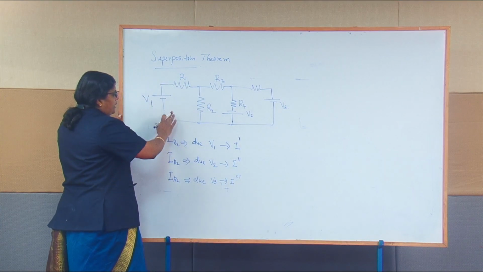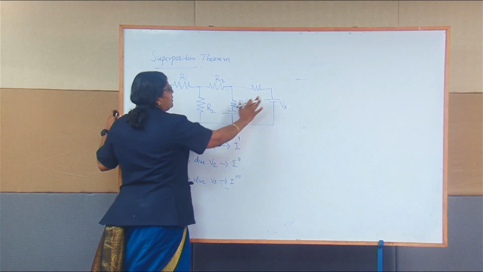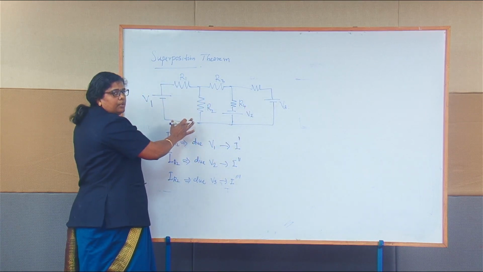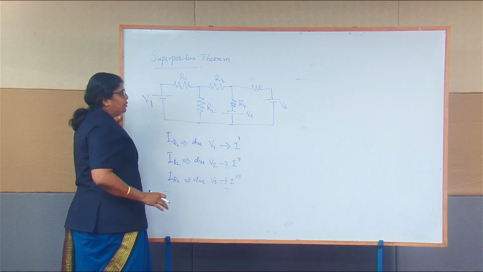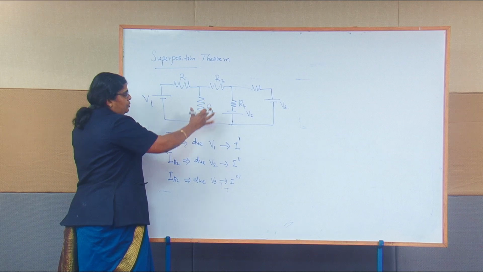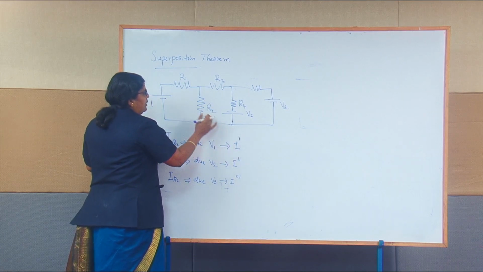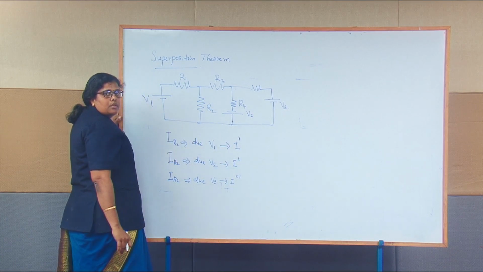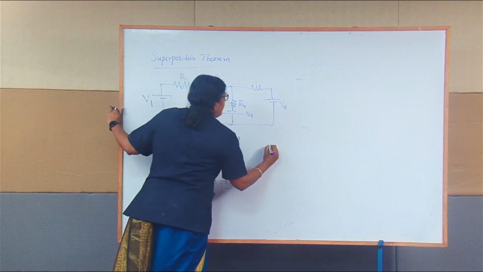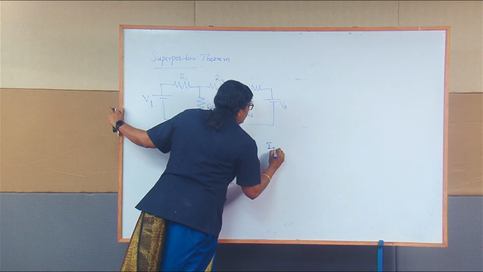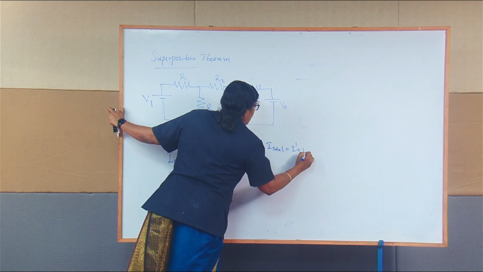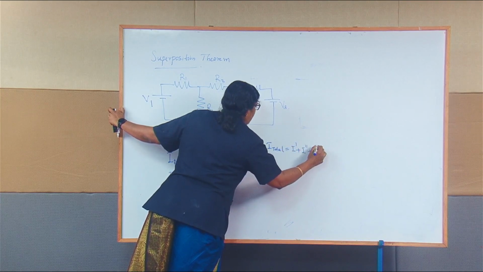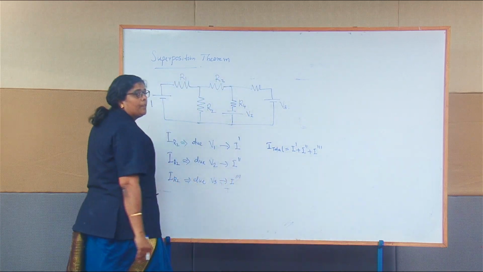Now if I keep all three sources and find the current, that is the total current flowing through R2. That will be equal to the individual currents because of the individual sources. So the total current I total should be equal to I dash plus I double dash plus I triple dash. This is called the superposition theorem.